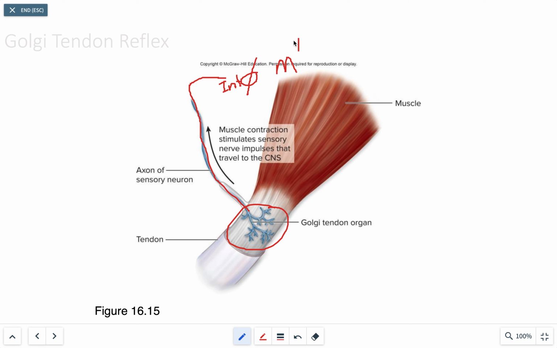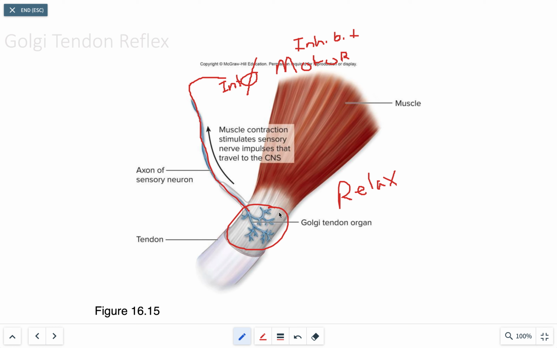It inhibits the motor neuron response, so we should not see any motor response coming back down to the effector. In this case, we could just call this the quadricep. Therefore, what we see is a relaxation. So with the muscle spindle, we saw a contraction, and on this polysynaptic reflex, we should see a relaxation.